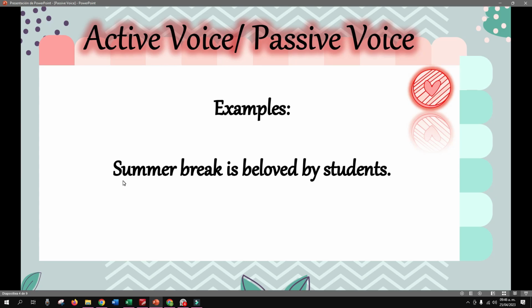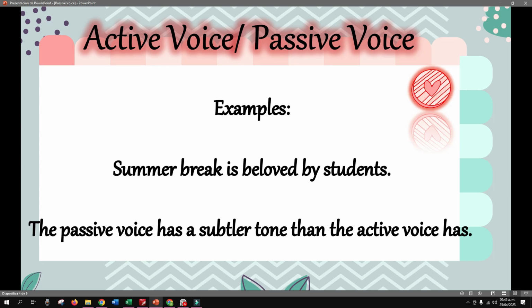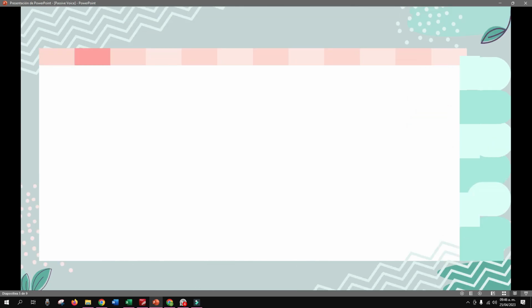So sometimes when you write in passive voice, you need to have a tone there, like when you want the reader to be focused on the action that is being described or the object, which becomes the subject of that sentence in this case, rather than on the noun performing the verb. Also, the passive voice has a subtle tone compared to the active voice, right? So we're going to be careful with that also.